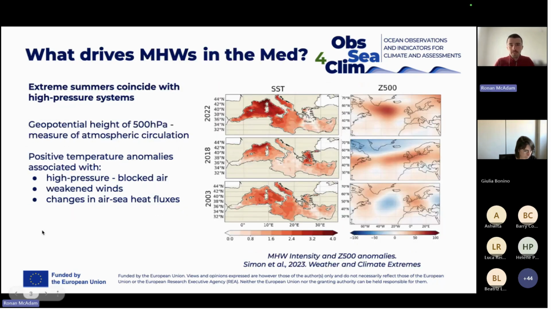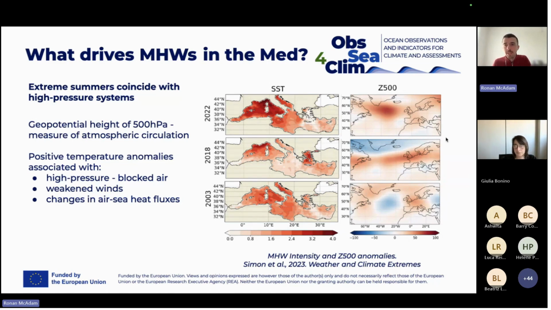Let me zoom in quickly to the Mediterranean then. We already know a fair bit about what drives marine heat waves in the Mediterranean. This nice example from Simon et al. 2023 shows summer average statistics for marine heat wave intensity for 3 of the most intense or long-lasting marine heat waves. And on the right, we have the corresponding summer average Z500 anomalies.